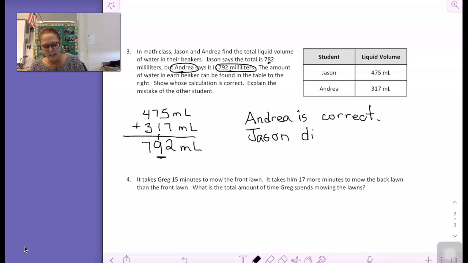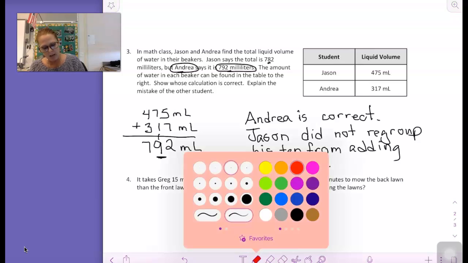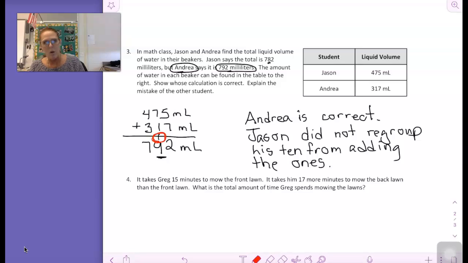So Jason did not regroup his 10 from adding the ones. He forgot to regroup this one right here when he did 5 plus 7.